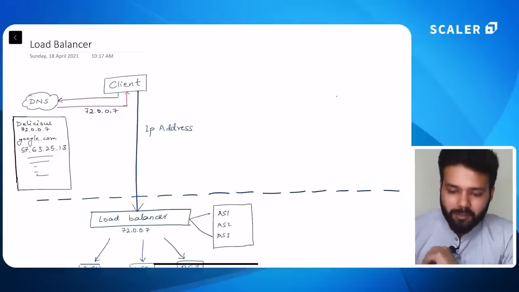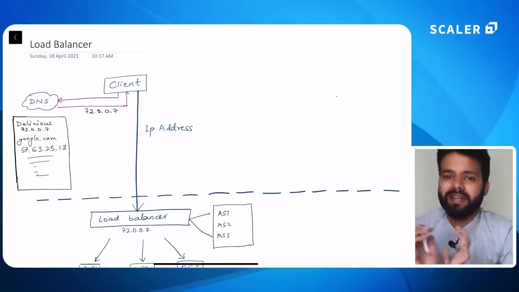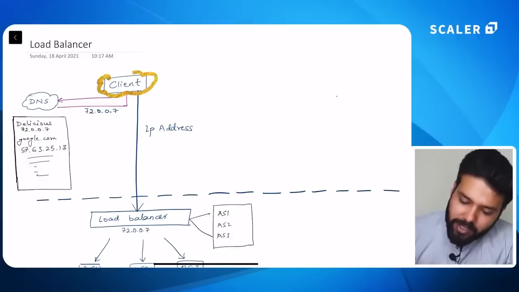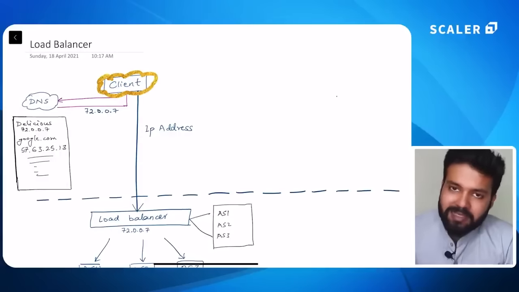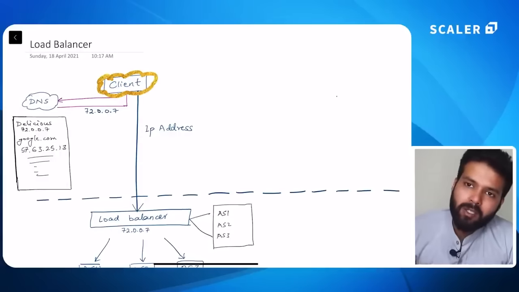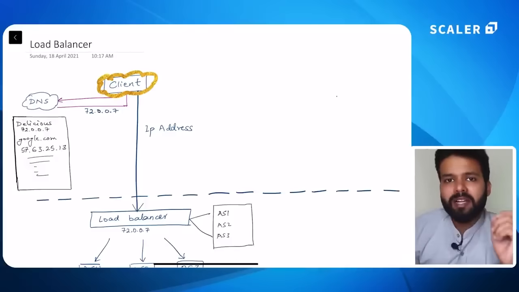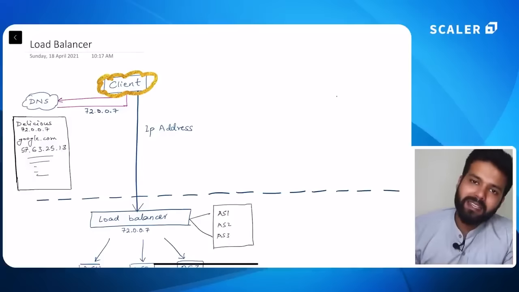In this video, we are going to learn about a very important system design concept called load balancing. To understand how a load balancer works, we first need to look at how a typical request flows through my entire system. A request will start from a client application. This client can be a browser, a web app, or maybe a mobile app. This client will call DNS to resolve the domain name that I'm trying to access. For example, if I type delicious.com in the browser, the request will go to the DNS server.